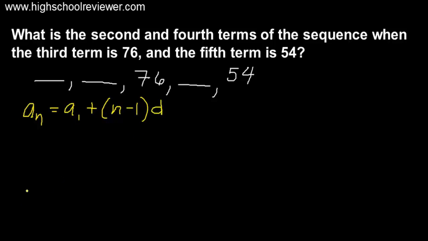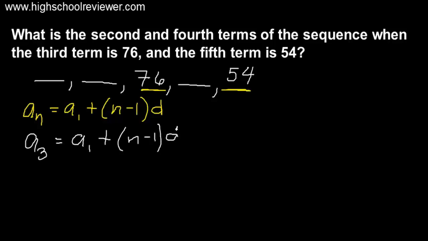Since we do not have the value for a sub 1 here and we do not have the value for d, we will first find d using the formula for the third and the fifth terms. The formula for the third term is a sub 3 equals a sub 1 plus n minus 1 multiplied by d.